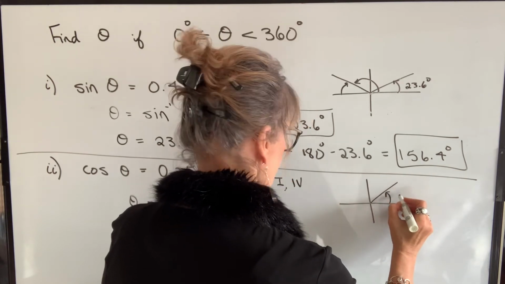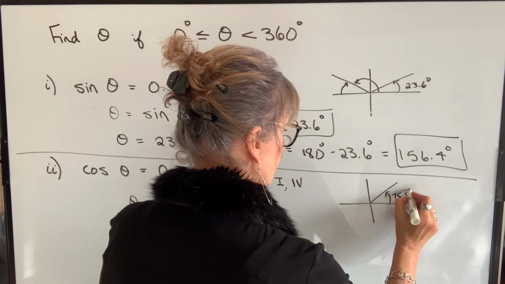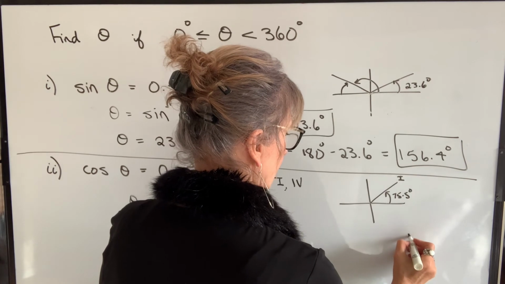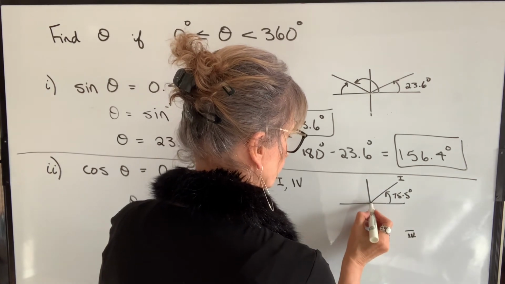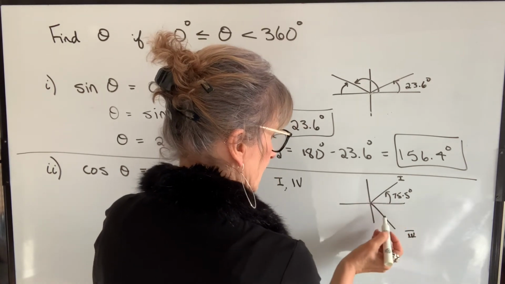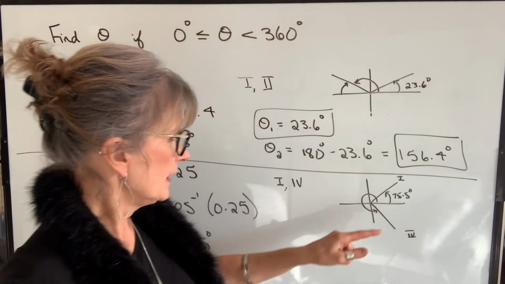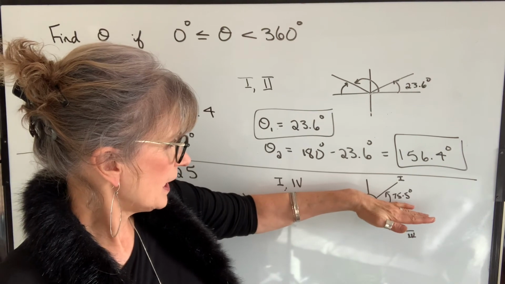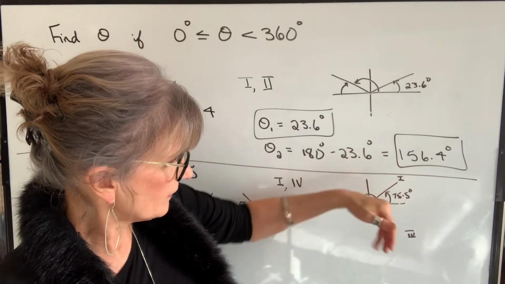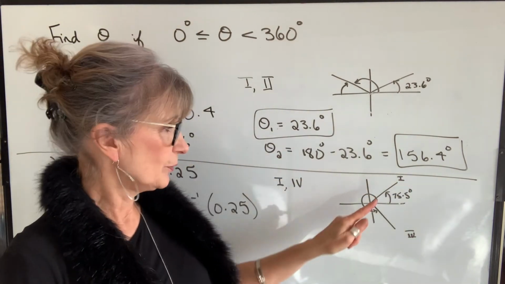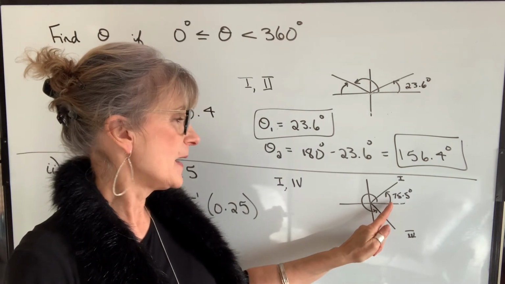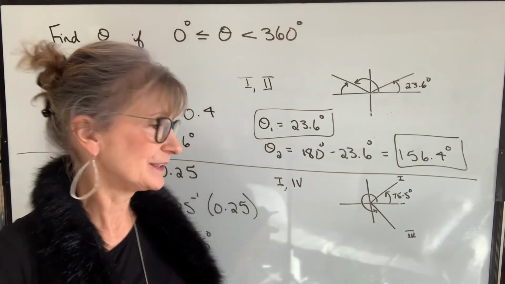There's my angle of 75.5 degrees. That's quadrant 1. In quadrant 4, to get this angle here, again from the horizontal axis, it will be a rotation of 75.5. So it'll be 360 degrees minus 75.5 degrees.